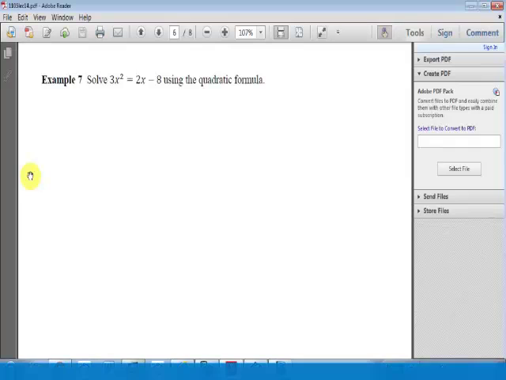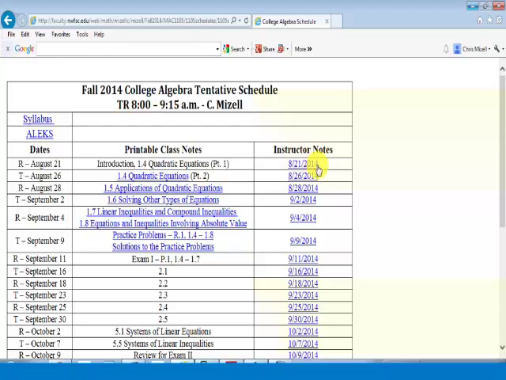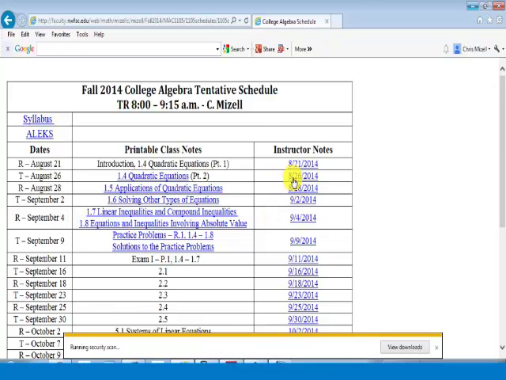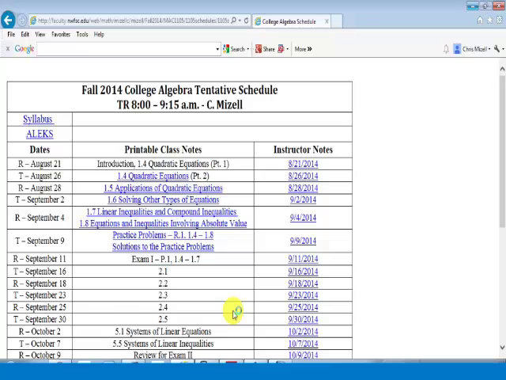At the end of class last time, we took our time with example 5. When we solved example 5, what was the number that we got underneath the radical sign? 209.